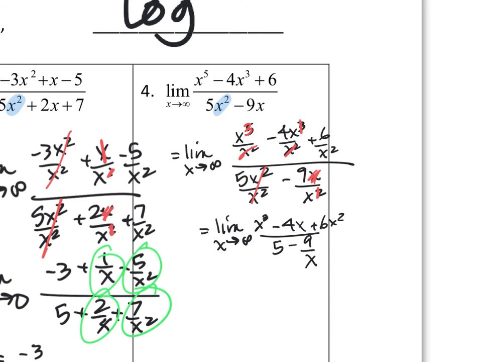In the denominator, this does go to 0. But now when you think about it, as we are heading to infinity, all of this is going to end up getting larger and larger. I see a little something I didn't do right, you guys. This should be 6 over x squared. So then, these are just going to get bigger and bigger and bigger as x heads to infinity. So your limit is infinity.